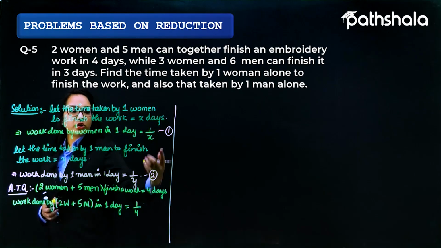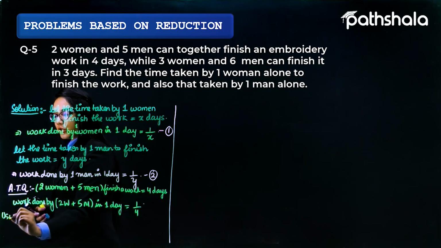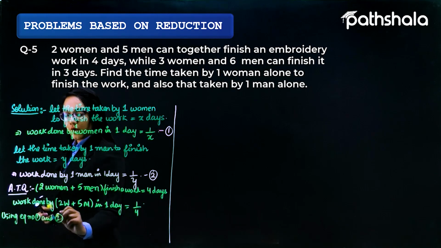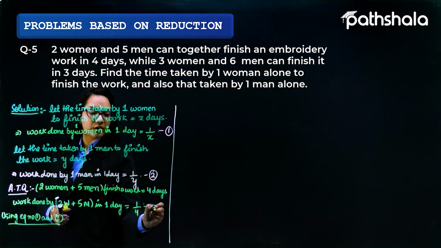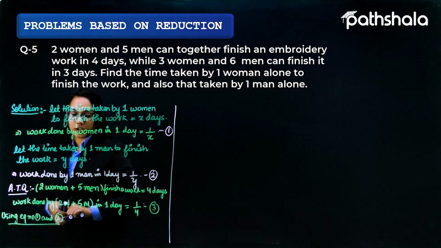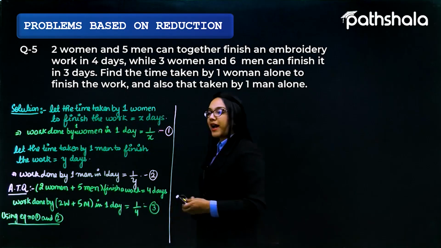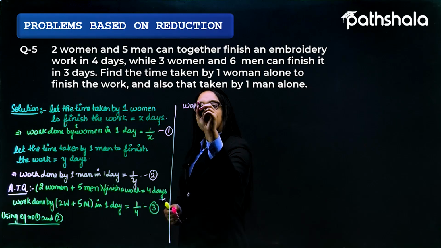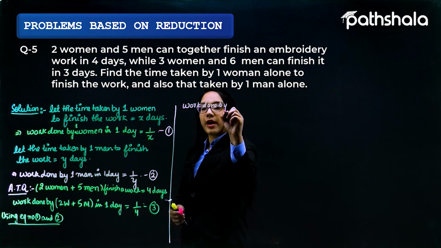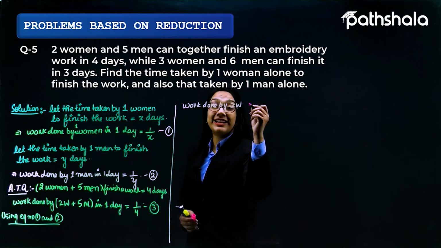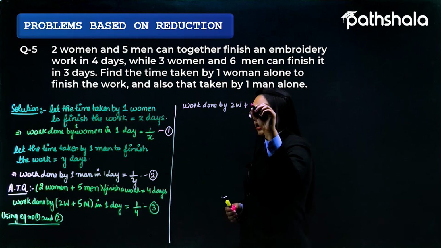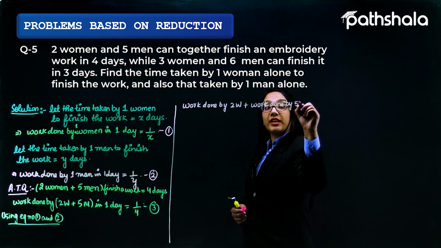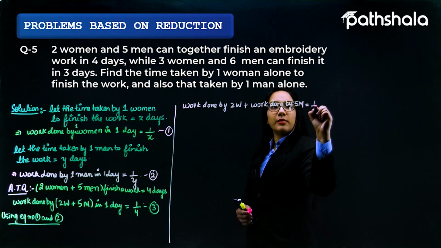Using equation number 1 and 2, for the equation number 3, the work done by 2 women in a day plus the work done by 5 men in a day is equal to 1 by 4.